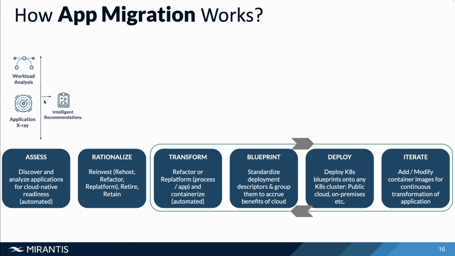Out of that assessment, an intelligent recommendation is made. It's all part of the tool, automated again, based on the analysis of these applications. And out of that, we would start to define the rehost strategy, the replatform strategy, and the refactor strategy.